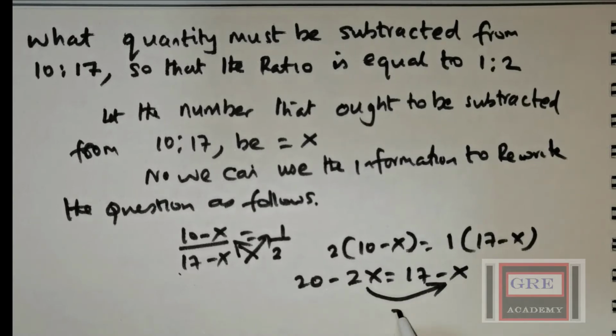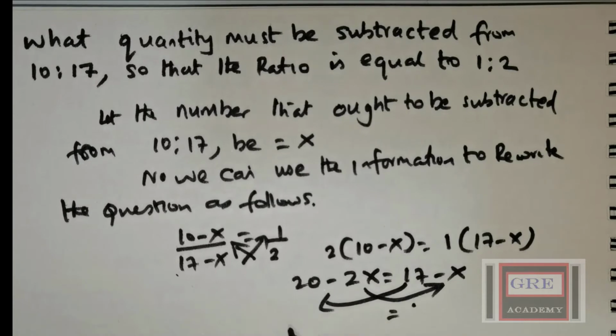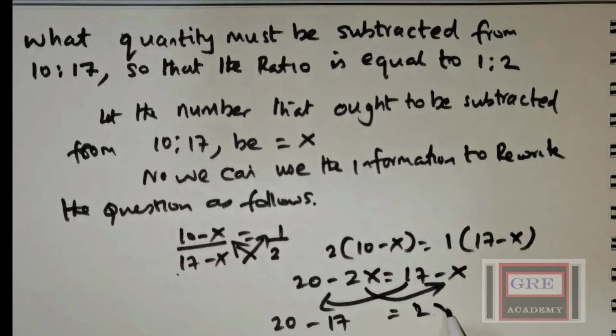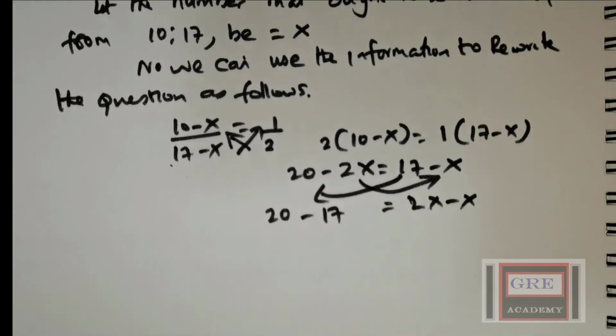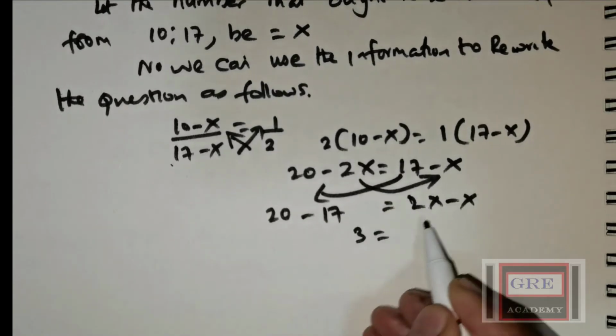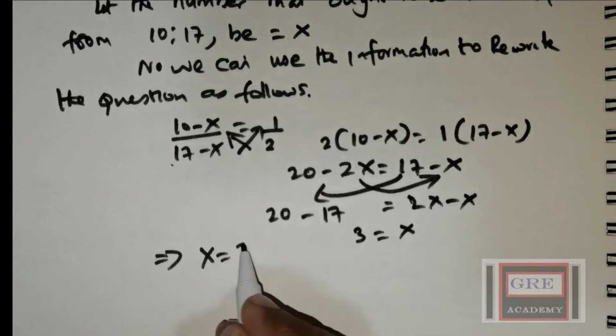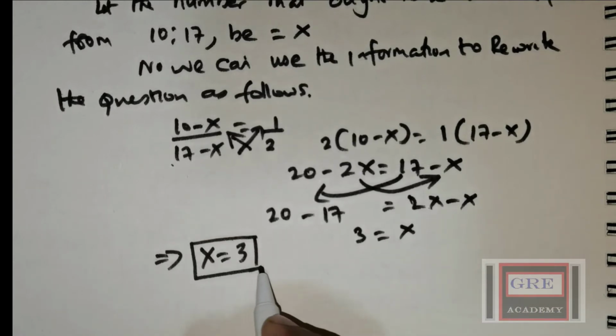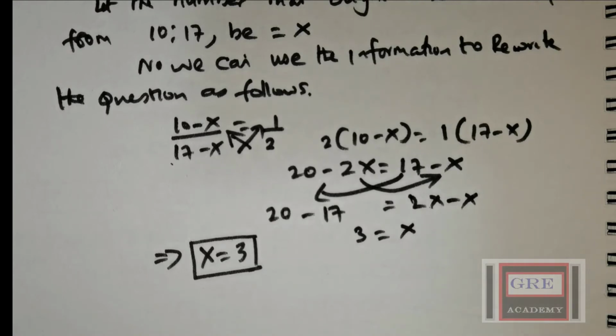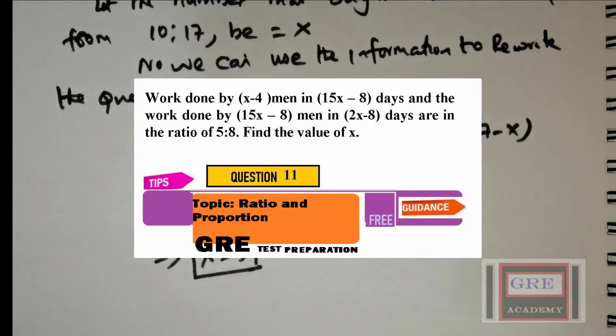I move the 2x that side and move the 17 this side. So it's going to be 20 negative 17 is equal to 2x negative x. 20 negative 17 will give me 3. 2x negative x will give me x. So this implies the number that has to be subtracted from the ratio is x is equal to 3. And this completes the solution to this question.